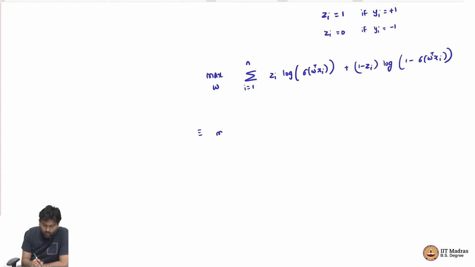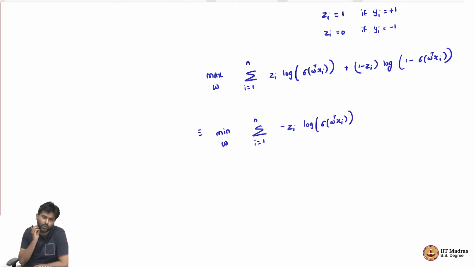This is equivalent to minimizing over W the sum over i equals 1 to n of minus zi log sigma W transpose xi plus zi minus 1 log 1 minus sigma W transpose xi. I am writing this as a minimization problem because we want to understand everything as a minimization problem with respect to some parameter of interest, in this case W, and then see what loss function comes about.